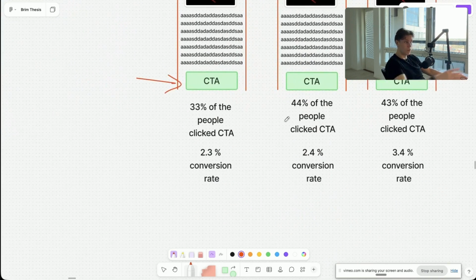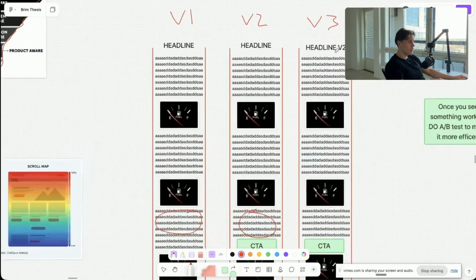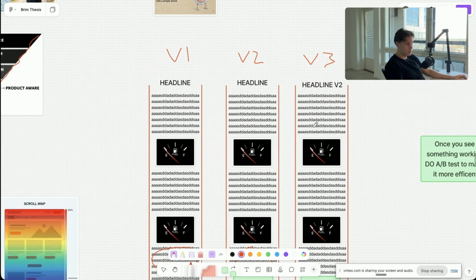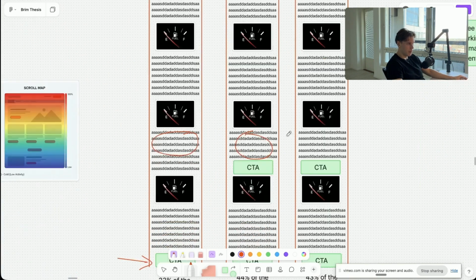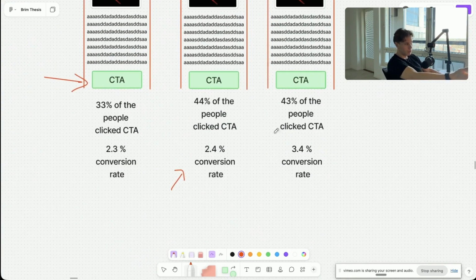Well, 44% of the people clicked the CTA, but the conversion rate was roughly the same. Okay, what we can do is, for example, let's change the headline. Let's rephrase the pain and desire differently so it could resonate more with the people. So do an A/B test in here, and the results: better conversion rate, about the same number of people who click the CTA.